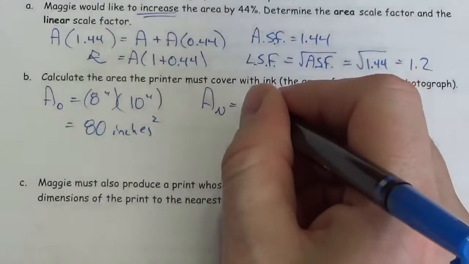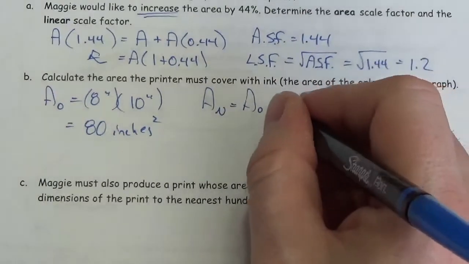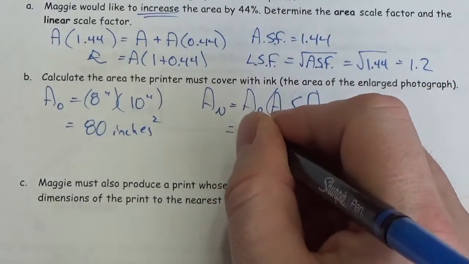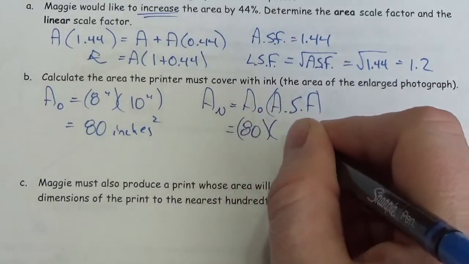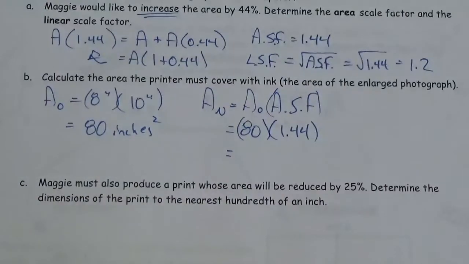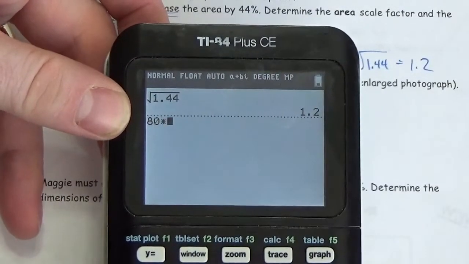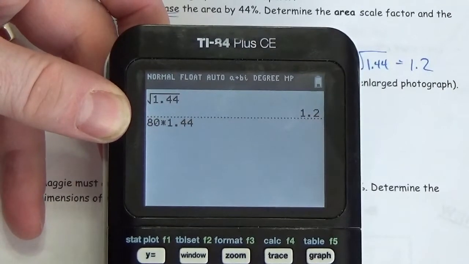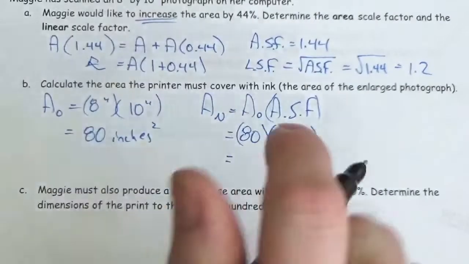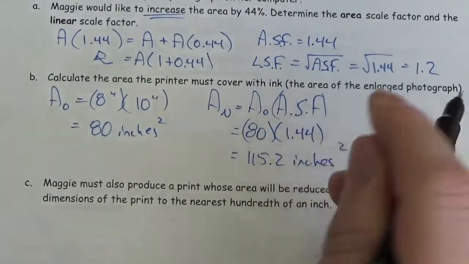I'm going to take the area of the old and multiply it by our area scale factor. So it's going to be 80 inches squared multiplied by 1.44. Pulling out the calculator, 80 multiplied by 1.44, and the new area is going to be 115.2 inches squared.